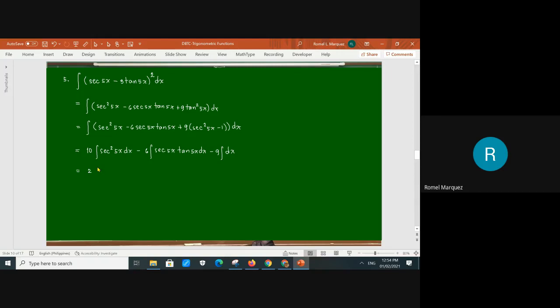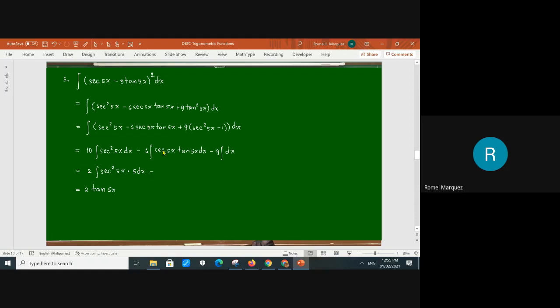So, I will have just 2, then secant squared of 5x, and then I will be giving the 5 to dx so that I read this as integral of secant squared u du. Okay now? So that is equal to 2 tangent of 5x. Okay? So no need to balance outside because I just split 10 into 2 times 5 and gave the 5 to the dx.